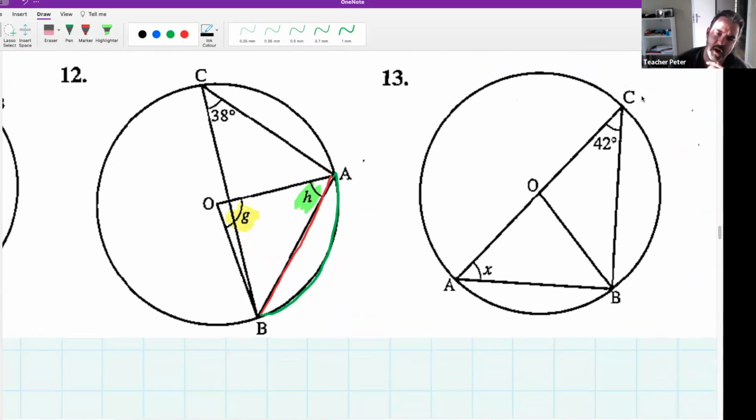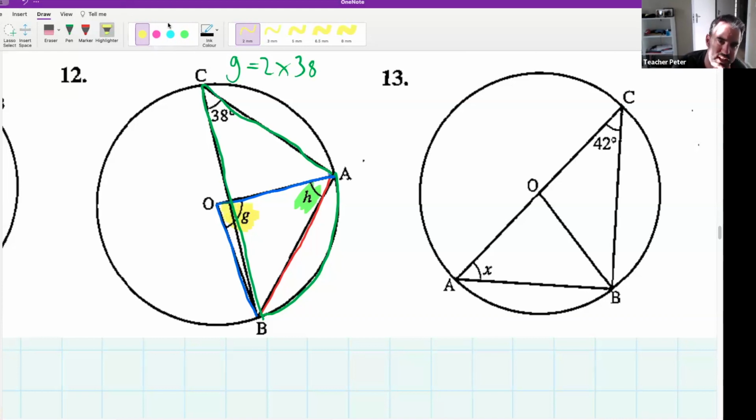So I think the angle at the center is G. So that's the angle at the center, and the angle at the circumference is there. And so G must just be double whatever the angle at the circumference is, because let's just highlight this again.